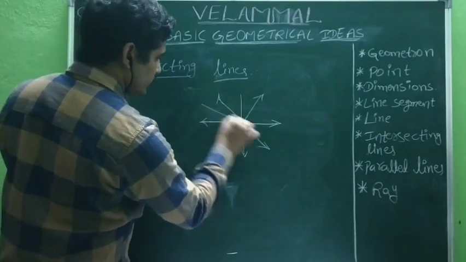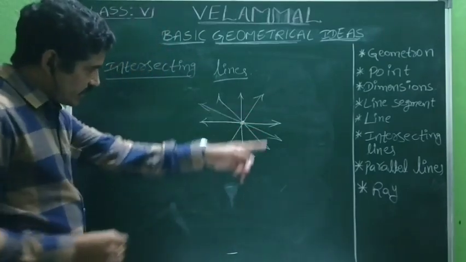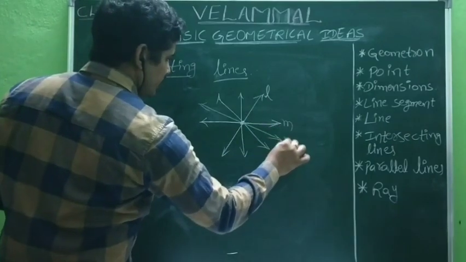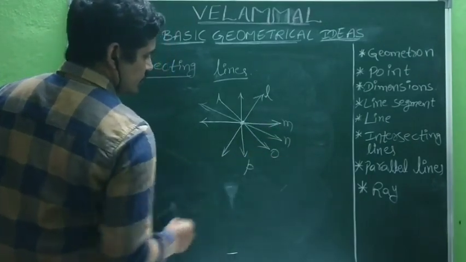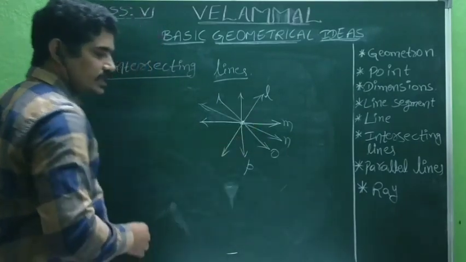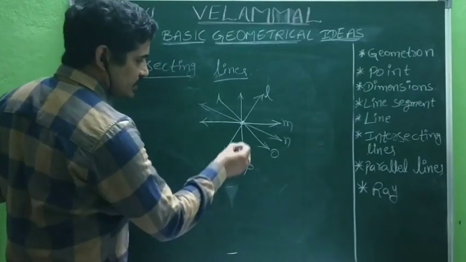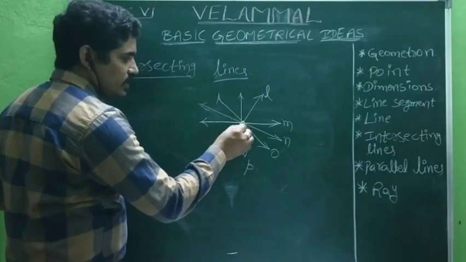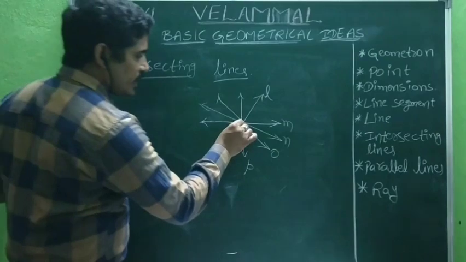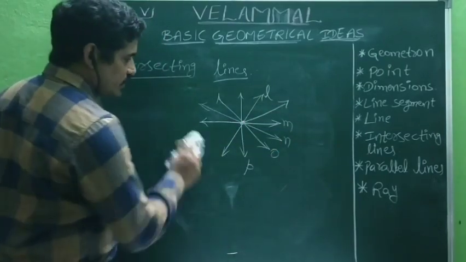Whatever the number of lines you take, for all of them there will be only one common point. So these are all intersecting lines. See, lines L, M, N, O, P: these five lines are also intersecting lines. For intersecting lines, there will be one common point, and that point is called the intersecting point of the lines.